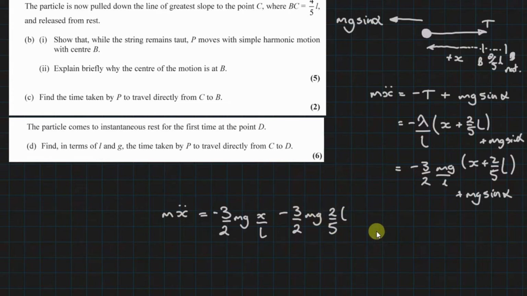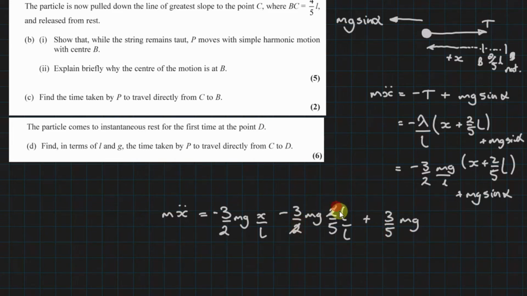We get 3/5 mg times L divided by L from the denominator, and plus m times 3/5, which is the sine alpha of mg.